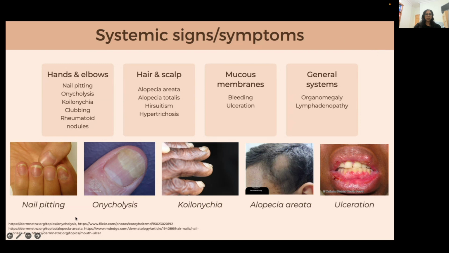In these images, it's a bit hard to see in this one, but you can see that there's nail pitting in the nails here. We've got onycholysis, so separation of the nail bed, and koilonychia when the nails form a kind of spoon shape. We mentioned alopecia areata, where you lose patches of hair, and ulceration in the mucous membranes.